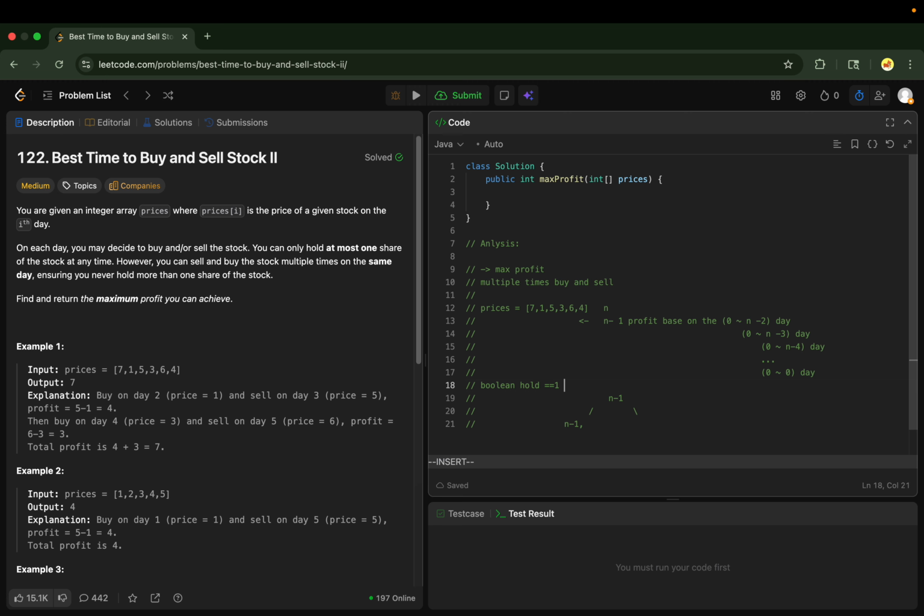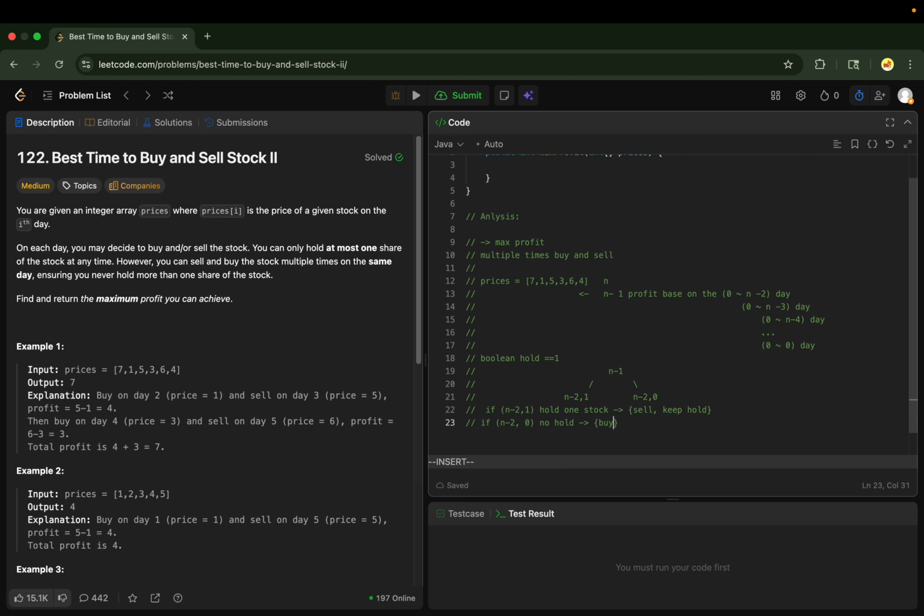So based on the different situations, suppose if n minus 2 has hold equal to 1, which means we hold one stock, then for the current day we have two decisions: sell it or keep holding. And if n minus 2 has no stock, then for the current day we have two decisions: buy or keep, not buy.